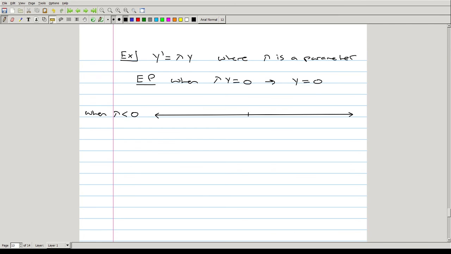And if we draw our phase line diagram, this is exactly what this shows. This is this critical point at 0, at y equals 0. When lambda is negative and y is less than 0, lambda times y is going to be positive.